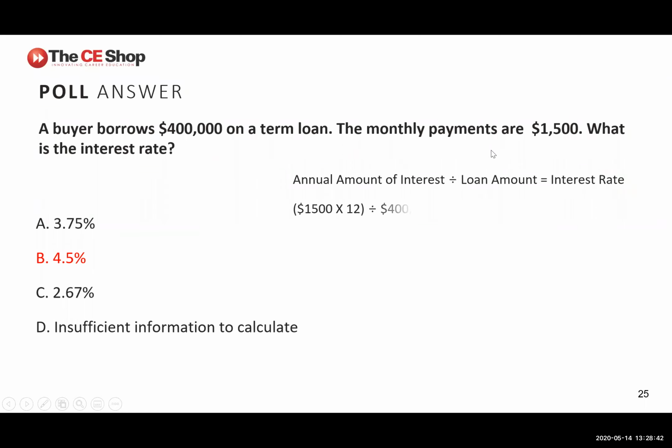So you take your $1,500 monthly payment and multiply it by 12 to figure out what your interest is for the year, divided by your $400,000 loan to get your interest rate. You're paying $18,000 a year. Divide that by 400,000, you've got .045, and that converts over to 4.5%. So y'all did pretty good on that one.